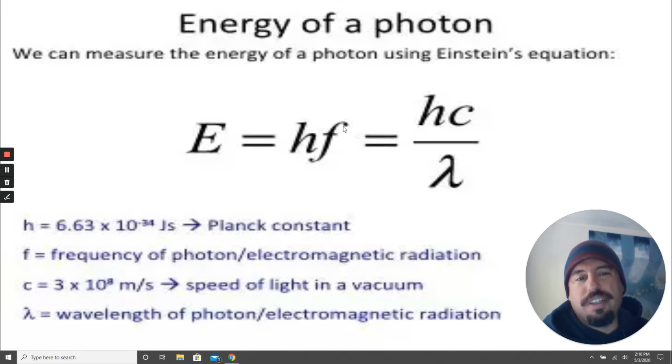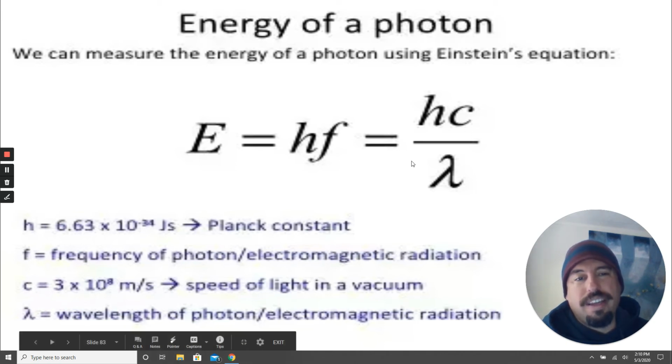And we know that frequency is related to the speed and the wavelength. We said v equals frequency times wavelength. So v is our speed of light. So we can rearrange this as c over lambda. So h is a constant. C is a constant. It's 3 times 10 to the 8. So this whole numerator is a constant.